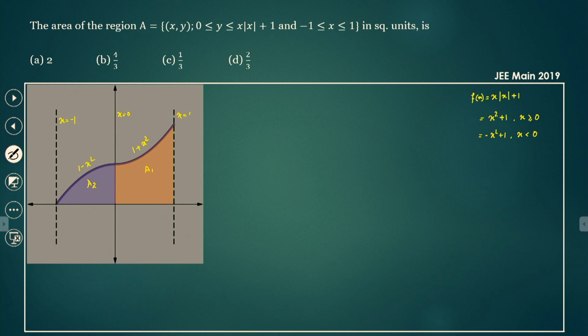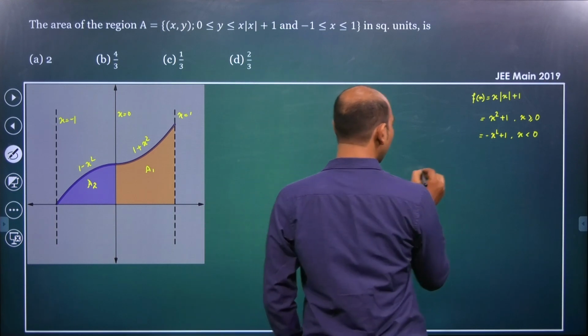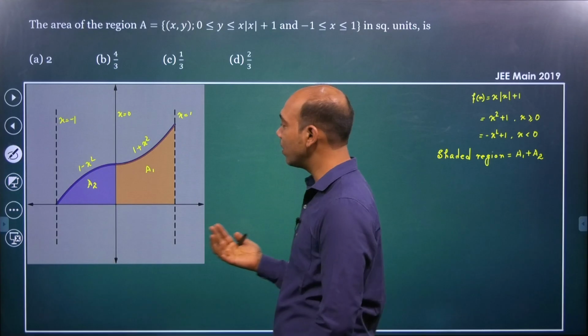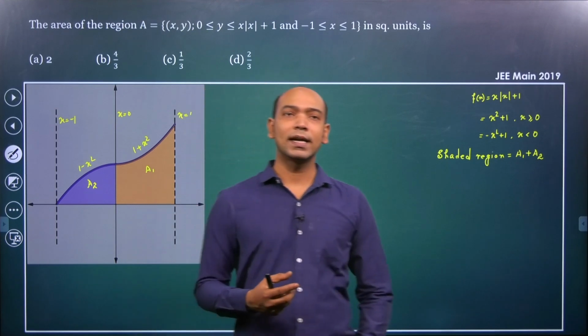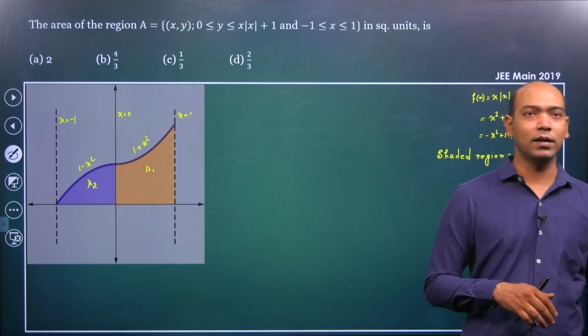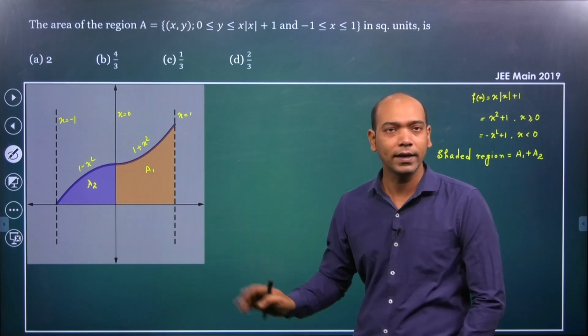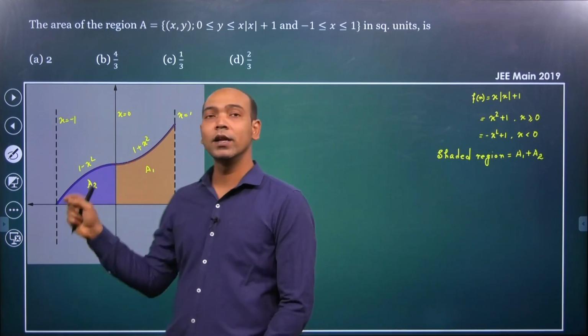So the shaded area is the area of A1 plus A2. But we don't know if they are symmetric; by visualization it doesn't look like it, so it's better to calculate A1 and A2 separately.